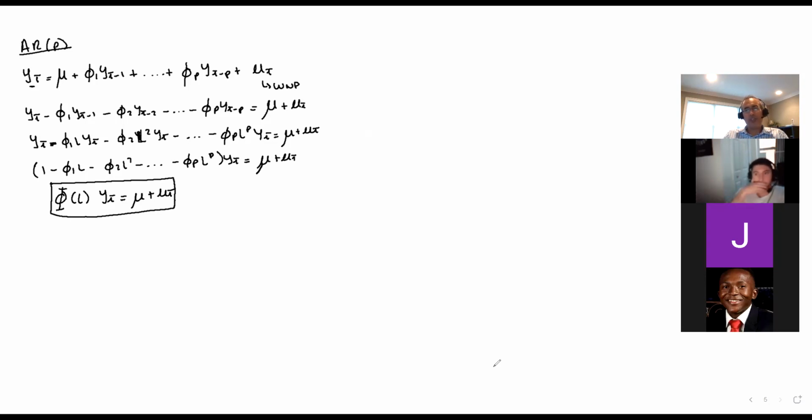Finally, this is normally written in this compact form. What is crucial for these AR models, guys, is something called stationarity again.